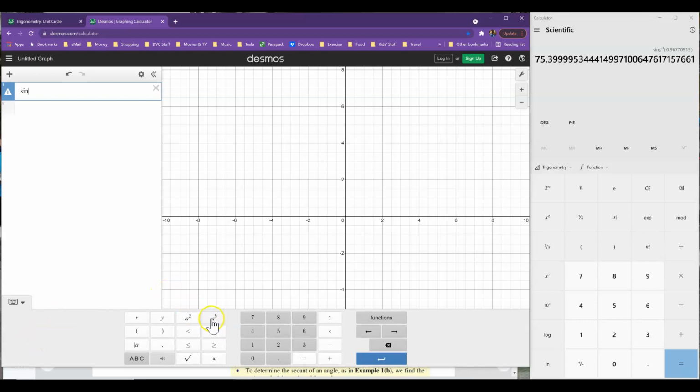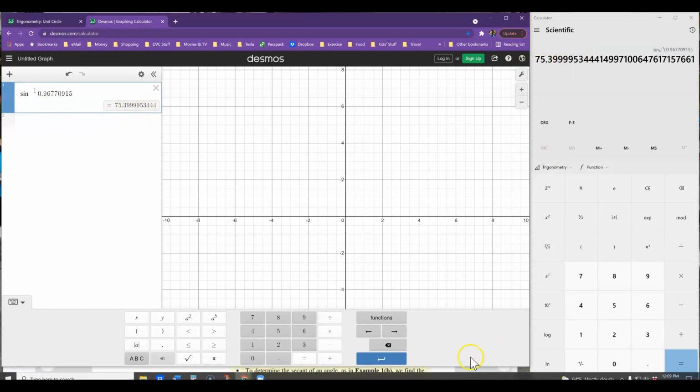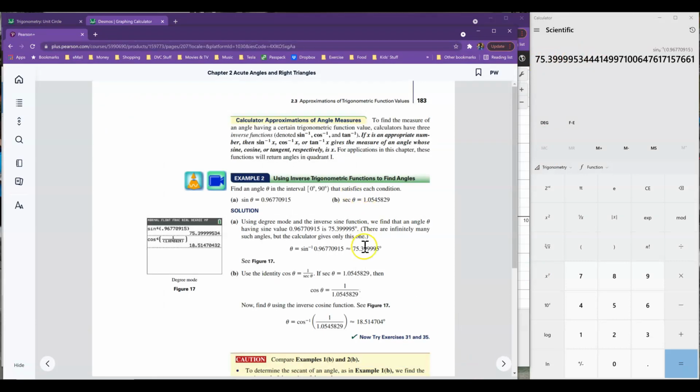You can do it like an exponent and then put a -1 on there, but it will know that is the inverse notation. And then I would put that same funky number they gave us. And if I put that in with the sine inverse, you can see it gives me that same degree measured angle that we had over here. So that's how you do that on the Desmos as well.